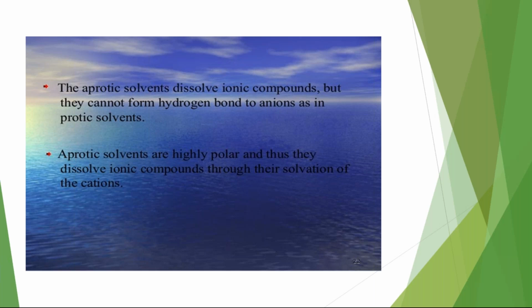So the aprotic solvents are going to dissolve ionic compounds, but they cannot form hydrogen bonds to anions, unlike protic solvents. Aprotic solvents are highly polar and thus they can dissolve ionic compounds through the solvation of cations.